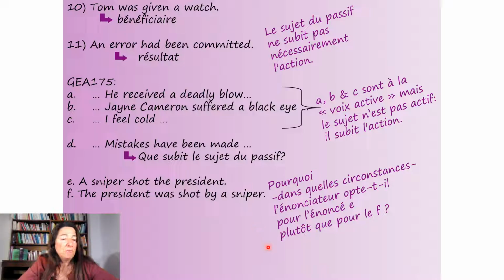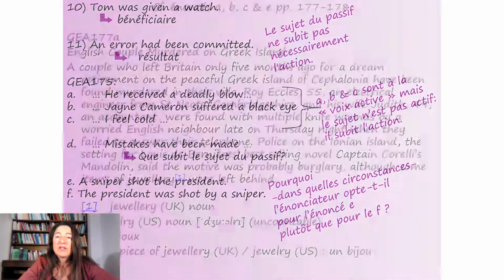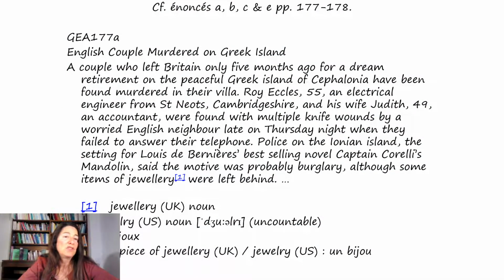Okay? In the meantime, let's have a look at an example which is a little long, but it really is interesting, so let's have a look at it. You can find it in La Grammaire expliquée de l'anglais. It's example A, page 177.